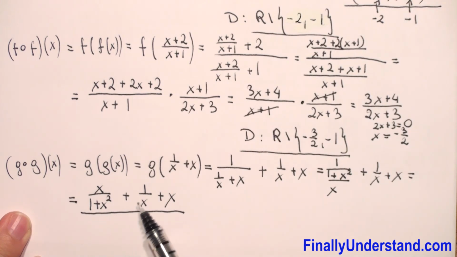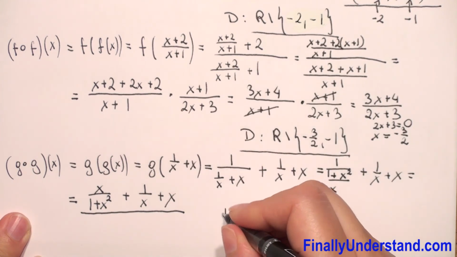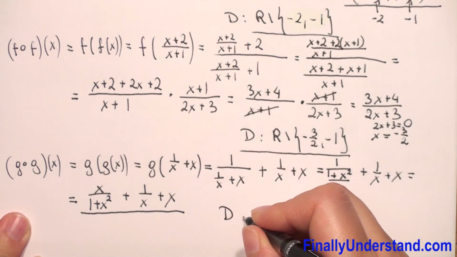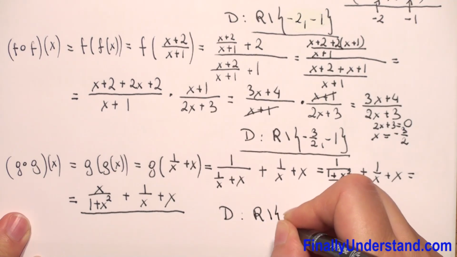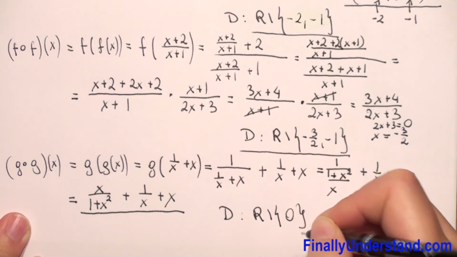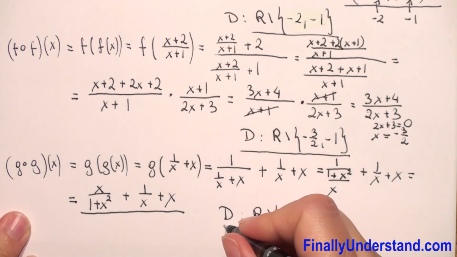And for the domain of this function, we see this denominator will never be 0, so everything is okay, and this, when x will be 0, the denominator will be 0. So the domain of our g of g function will be all real numbers excluded 0. This is my solution.